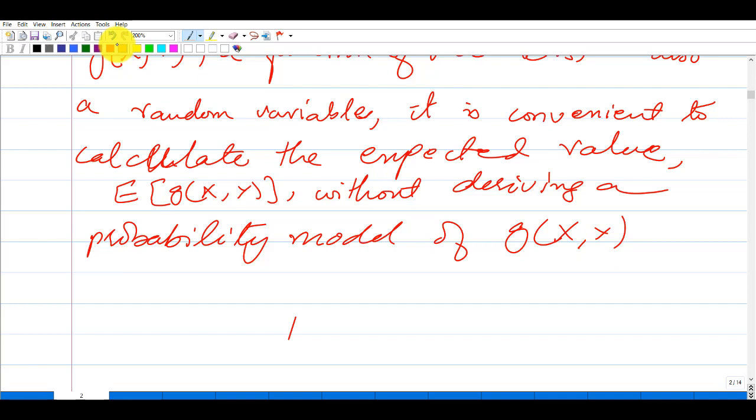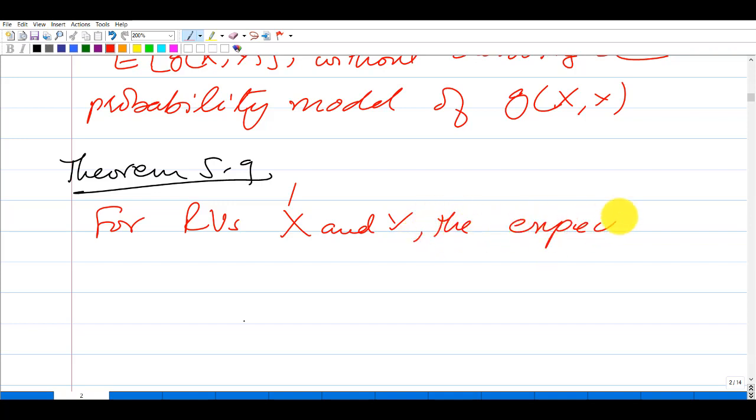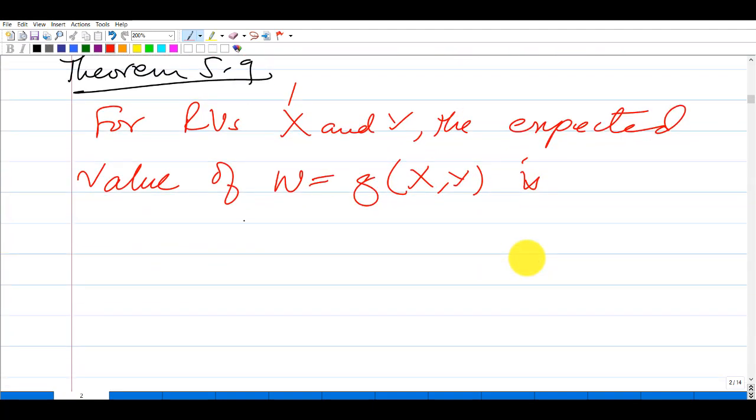X and Y is defined as theorem 5.9. It says that for random variables X and Y, the expected value of W equal to g(X,Y) is defined both for discrete and continuous.